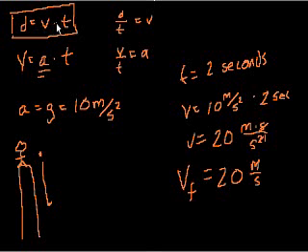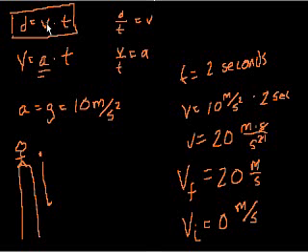But right when we start at t equals 0, what was the velocity? Well, right when it started, the initial velocity, v sub i for initial, is equal to 0 meters per second, right? So how can we use this formula? Well, you might think of a way to already do it.